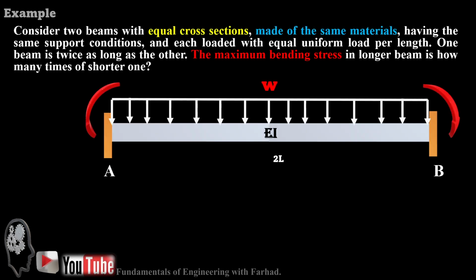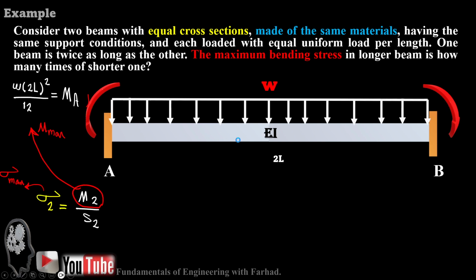And for the second beam, again, MA is identical to MB due to symmetry, and this time it's W times (2L) squared over 12.